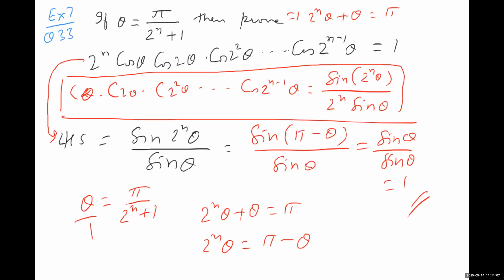So 33 is gone. Any other question now? I will check if you have put any other question. Question number 31 of exercise 7. Okay. Exercise 5 and 7, question 31, both questions you want. What is 31 number?